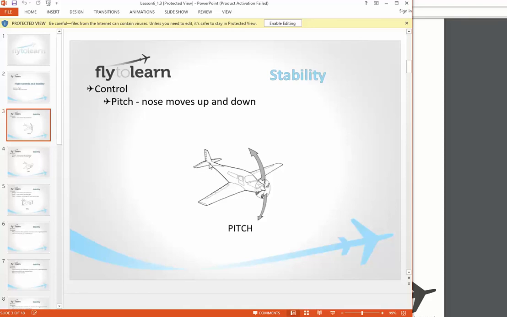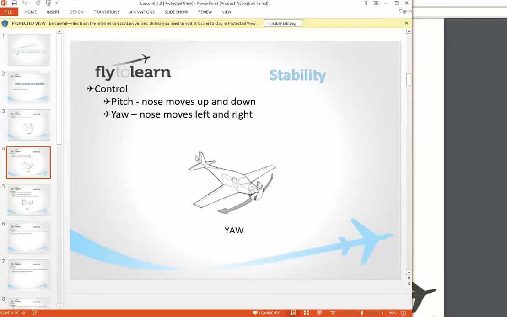So what it does, if you push your elevator downwards, more air is going to catch sort of underneath it, and it's going to move your tail up, which moves your nose down. If you flip your elevators all the way up, it's going to push your nose up. Alright, so it's just sort of a reverse situation here. Move them up, nose moves up. I guess it's not reverse. But anyways, I'll explain more about how that works a little bit later.